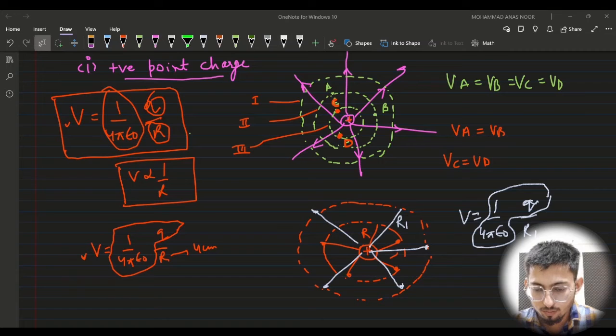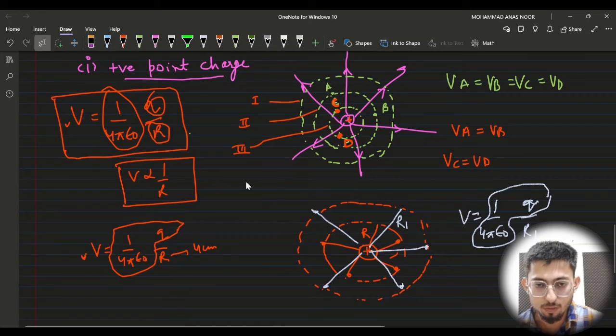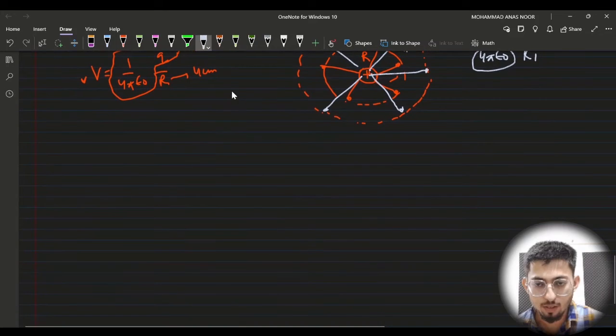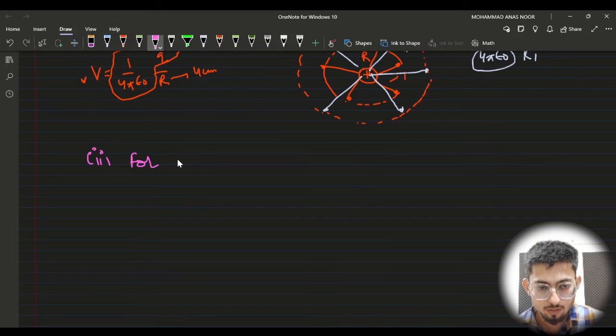Now let us see what is the case for two charges, a combination of two. This was a single point charge. Now let us see the equipotential surface for two charges. For two charges we can have two cases.